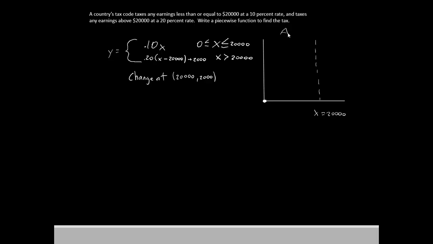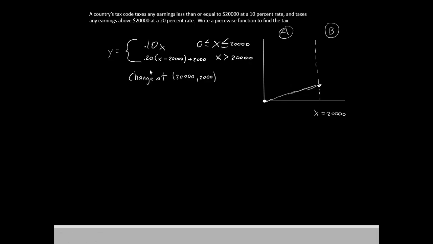The part on the left is piece A, the part on the right is piece B. Now we have 0.10x as our piece A. That's going to start at the origin because it has no offset, and it's going to go until we reach the changeover. We'll just plot that right here. We'll draw a line connecting them, and then we'll stop right there.